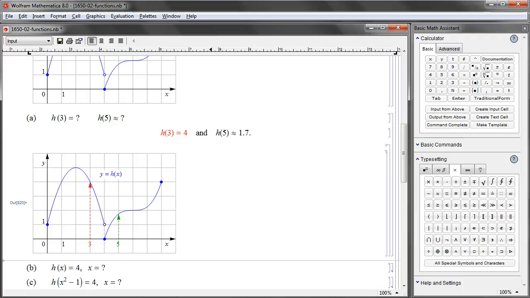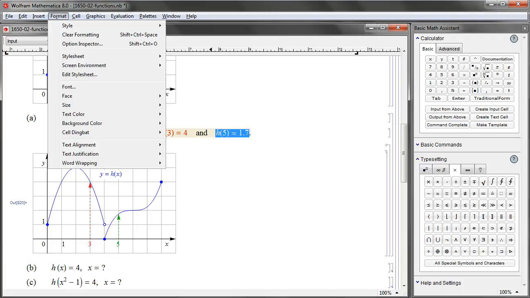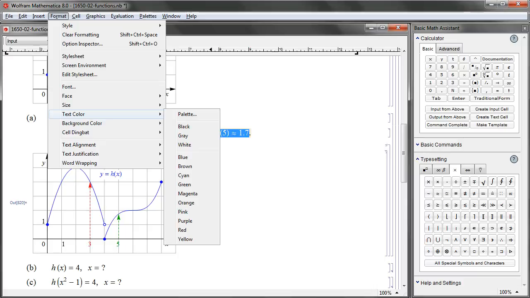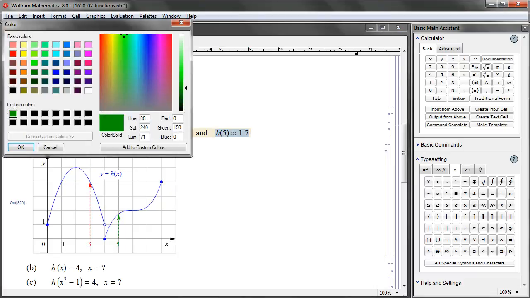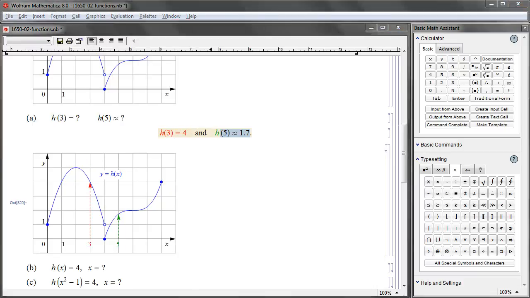How about the other example, h of 5? You cannot find out the precise value here because we do not get a lattice point there. Let me do the color coding and then resume. Okay, that's the green part. We begin with x equals 5 on the x-axis.